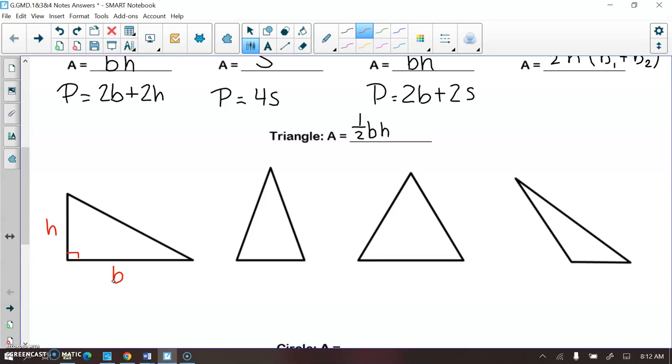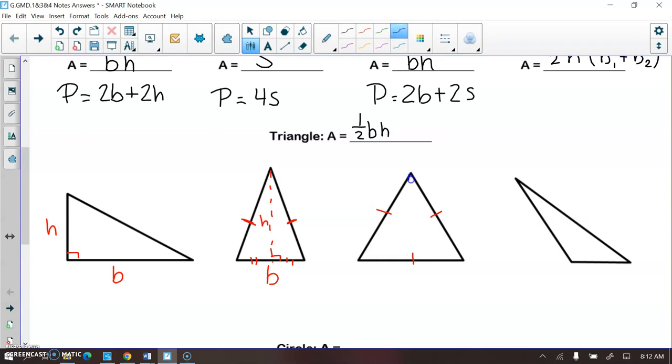Now, in an isosceles triangle, your base is the one that is not congruent to your legs, and your height is perpendicular and bisects the base. So keep that in mind. Now in an equilateral triangle, same thing.